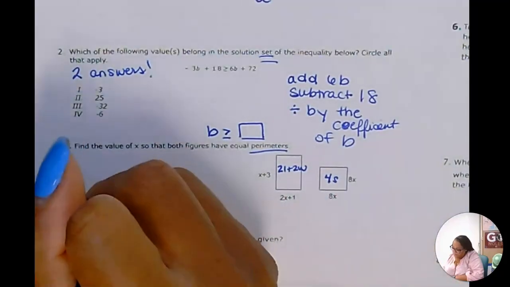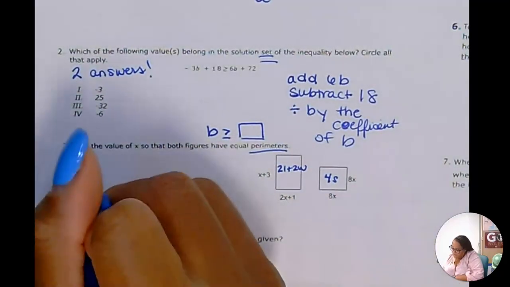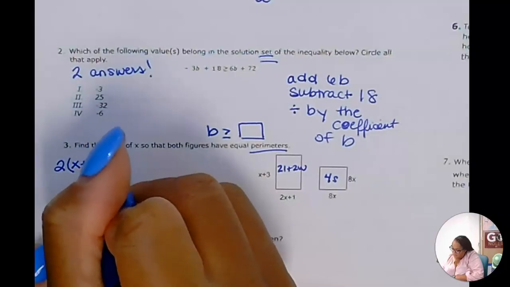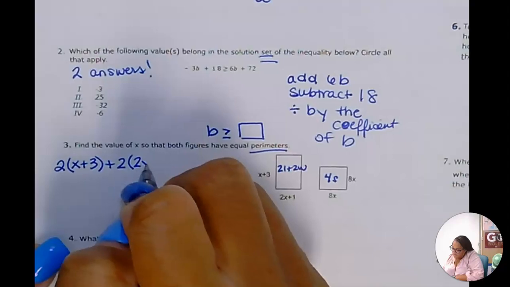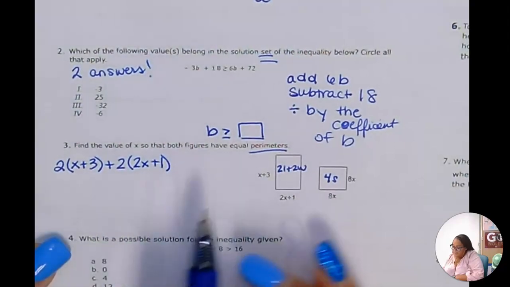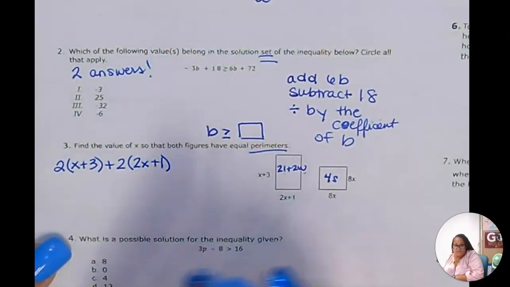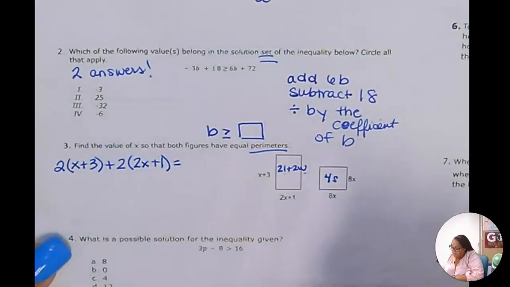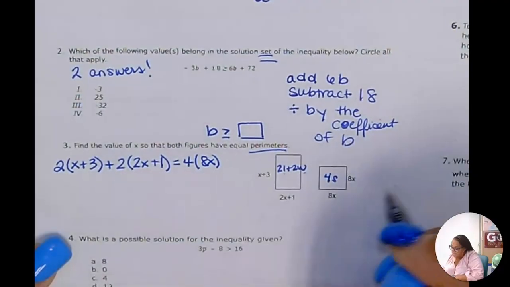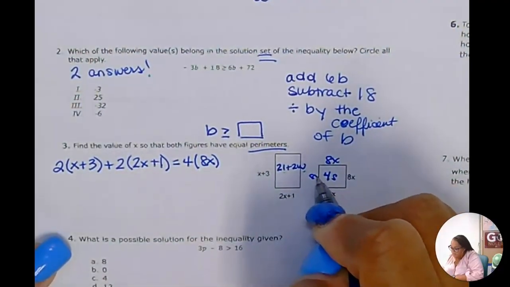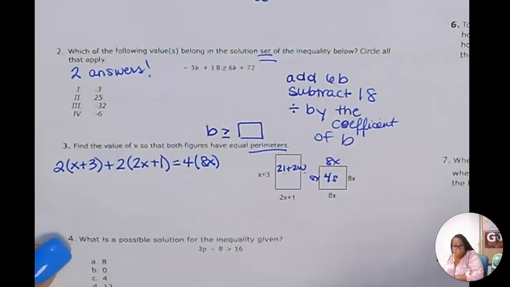So we'd say 2 times x plus 3 plus 2 times 2x plus 1, because that's my length and my width. Then I will set them equal to 4 times the 8x, because each of these is 8x and I have 4 of them. 1, 2, 3, 4.